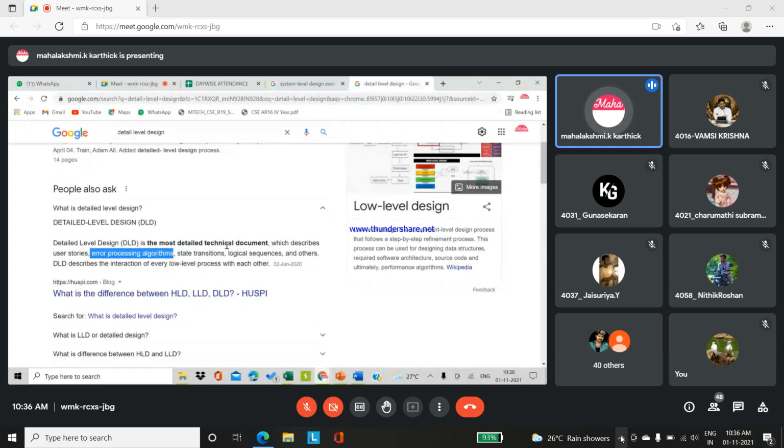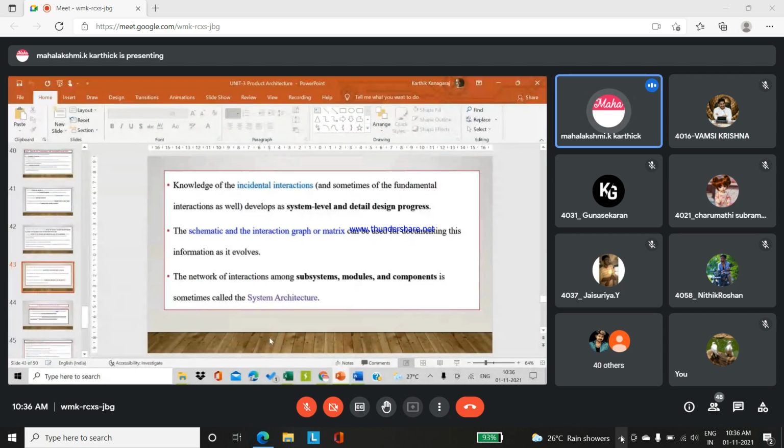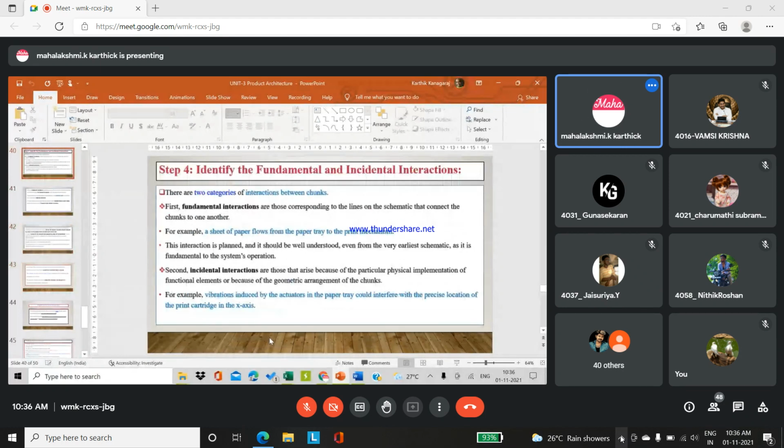But detail level design mostly deals about what? Detailed technical document. இப்போ உங்களுக்கு புரியுதா இந்த லைன்? Detailed technical document இல்ல சொல்லிருப்பாங்க பாருங்க.